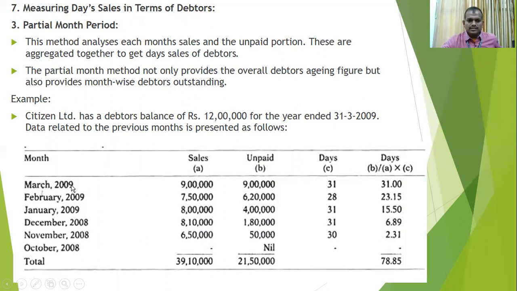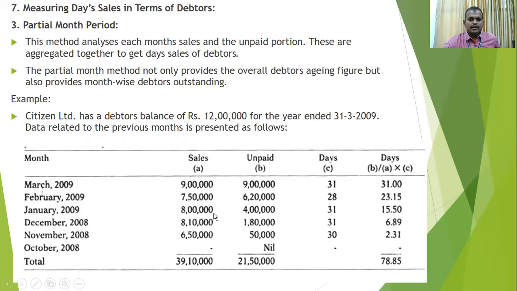So in March 2009, sales 9 lakh, unpaid 9 lakh. Okay, so 31 days. February 2009, 7 lakh 50,000, 28 days. Unpaid portion 6 lakh 20,000. It means some amount was paid.